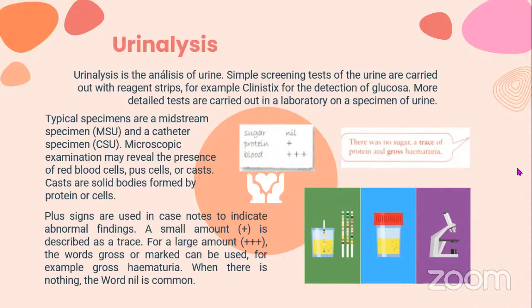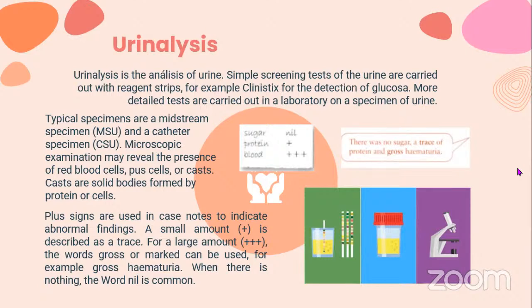Typical specimens are a midstream specimen, MSU, and a catheter specimen, CSU. Microscopic examination may reveal the presence of red blood cells, pus cells, or casts. Casts are solid bodies formed by proteins or cells.